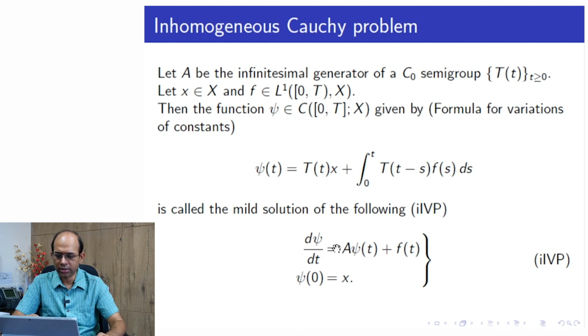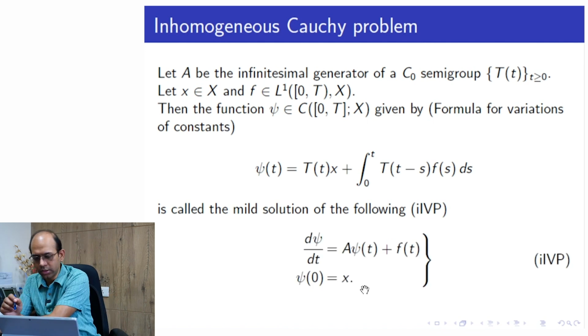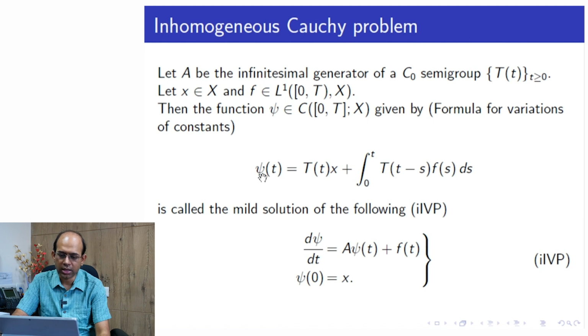Earlier we had this IVP, dψ/dt = Aψ + f, with ψ(0) = small x. Its mild solution was written as ψ(t) = T(t)x, the initial thing, plus the integral from 0 to t of the semigroup T(t − s)f(s) ds.